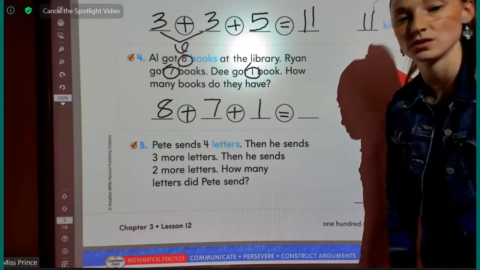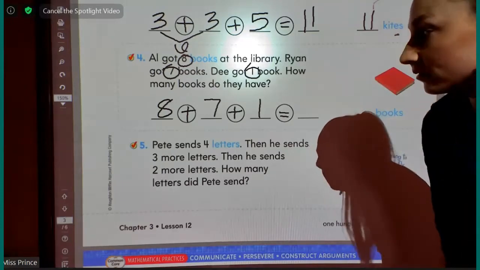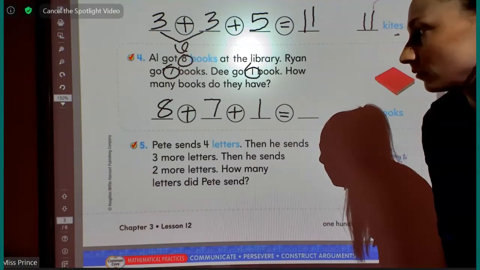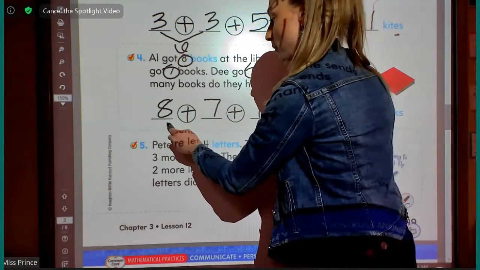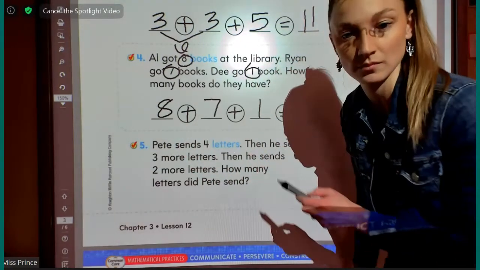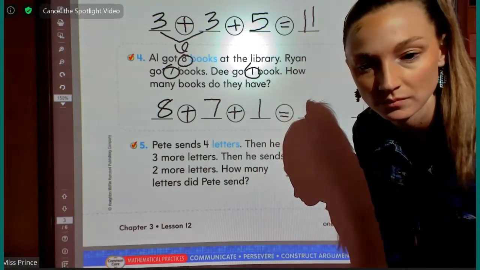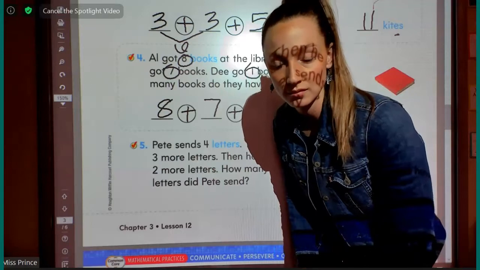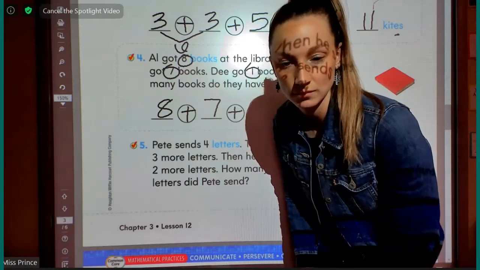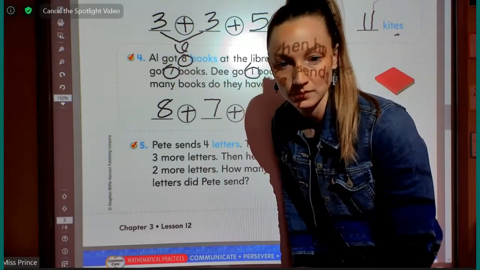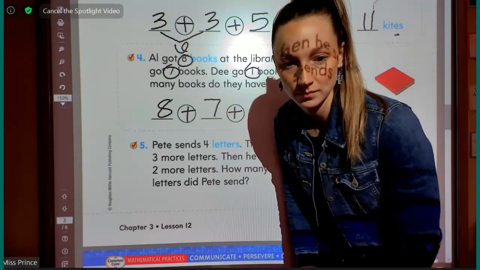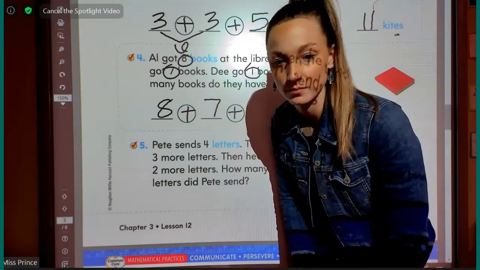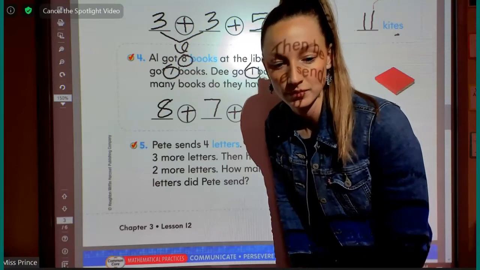All right, so what 2 numbers do you want to put together? 8 and 7. Can you do that quickly in your head, or does it kind of take a while to count those? 15.